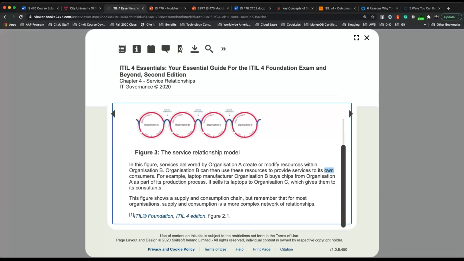For example, organization B buys computer chips from A. Organization B builds laptops and can sell laptops to organization C, which gives them to its consultants. So maybe we have a company that does consultancy and they are a consumer.